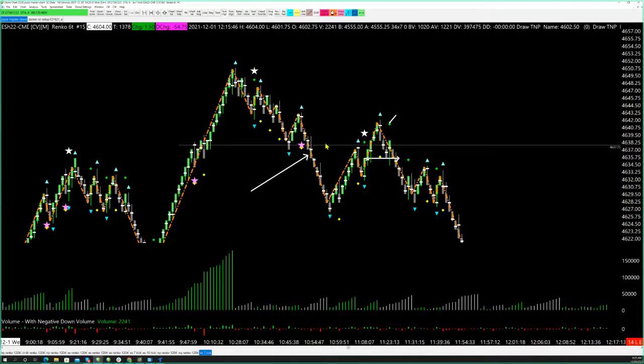And what you're going to see here is in the process of producing this bar, it backside tested this bar. Sometimes that's going to happen. That's just trading. But you can see it backside tested that star. So you got to ask yourself, do you want to be short here or do you want to be long? You're still asking that same question as we're moving along. Obviously the short worked out very nicely. I can see how people could get frozen on that setup.